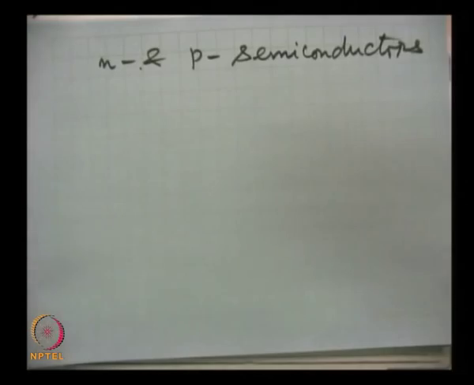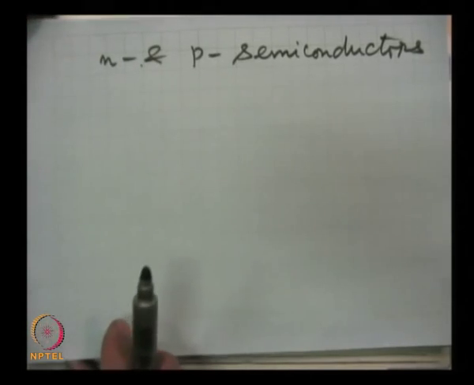N and P semiconductors are obtained by doping them. What is doping? Doping is a process in which we mix known, very small quantities of an external material.